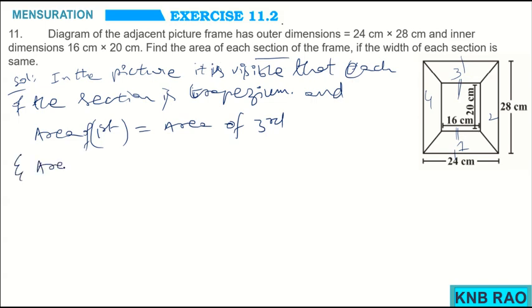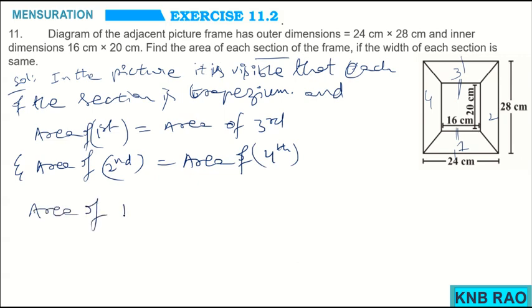And area of second figure is same as area of section fourth because of their sizes being same. Let's go for finding area of first section, where it being trapezium, half of the sum of parallel sides into corresponding height.